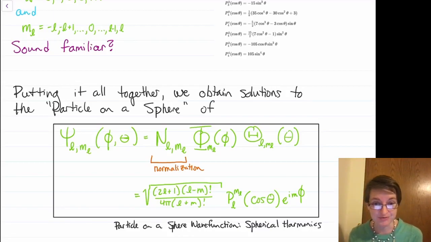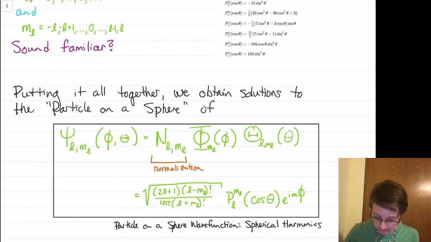I am not going to go through the process of normalizing this for you. I'm just going to tell you the answer, which is that it's kind of a complicated square root that depends on m values and on L values and m sub L, and we have our Legendre polynomials showing up times these e to the i m phi terms.